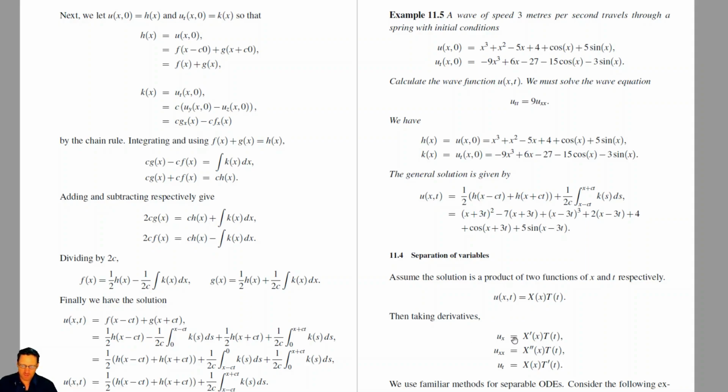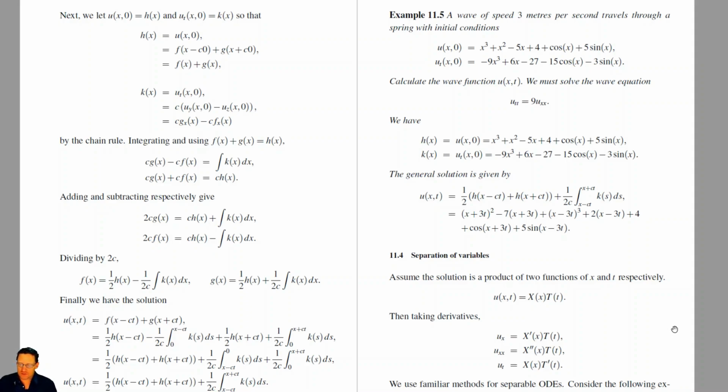This is our partial derivative of u with respect to x. And then differentiating that again with respect to x gives us the second derivative of uppercase X with respect to lowercase x times T of lowercase t. And similarly, the partial derivative of u with respect to t is uppercase X of lowercase x times the first derivative of T with respect to lowercase t.